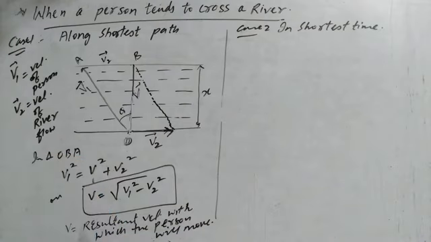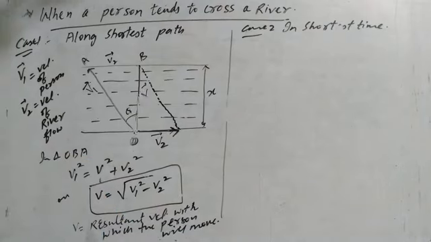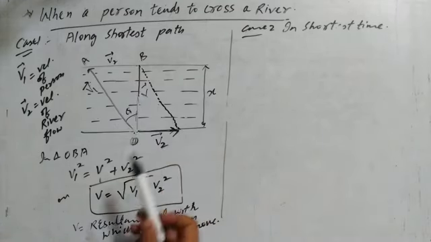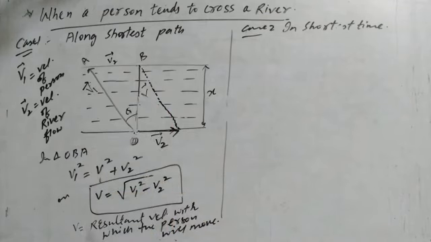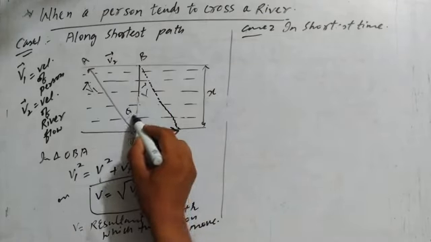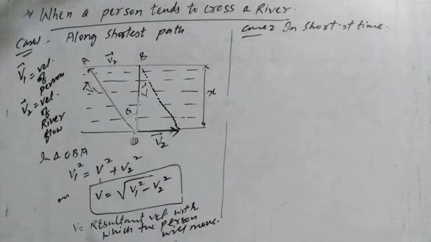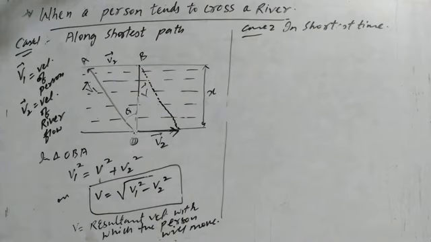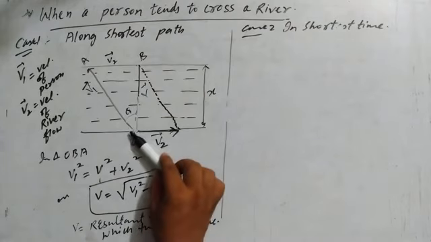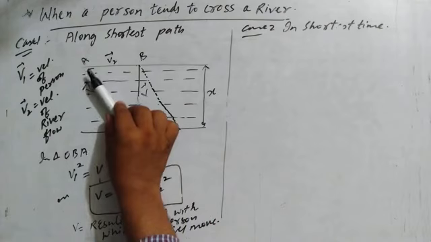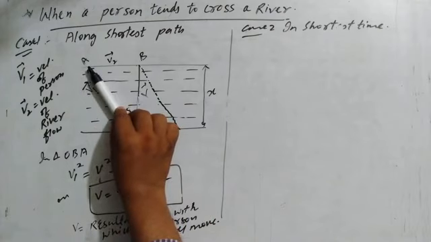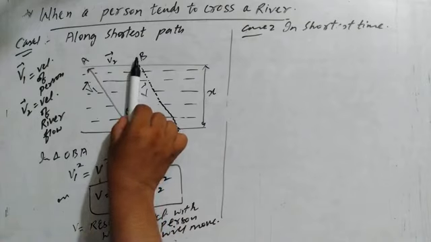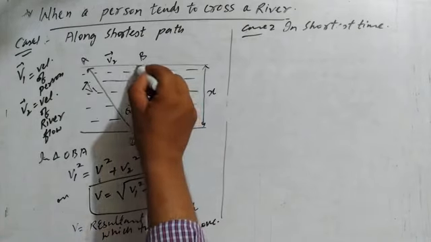Say V1 is the velocity of the person. The person should start rowing upstream, that means opposite to the direction of flow of river, making an angle theta with the perpendicular. That is the resultant velocity V. So when the person moves upstream, it moves from A point to B point with the river flow, and finally the person reaches point B.